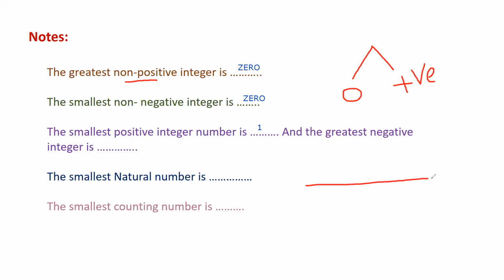Can you remember them? Here is the 0, then the negative will be on the left: -1, -2, and so on. Where is the greatest one of them? Yes, this is the greatest negative number, so it's -1.